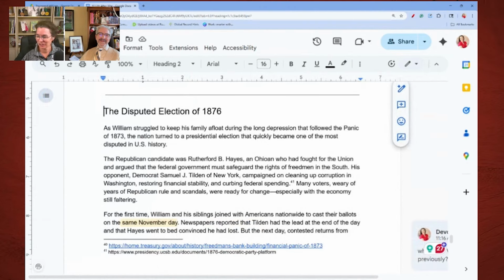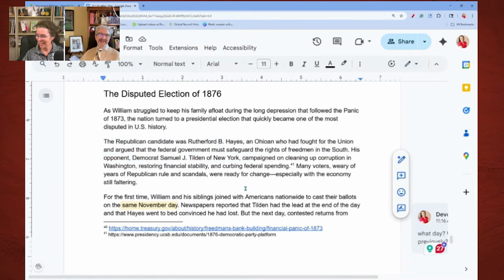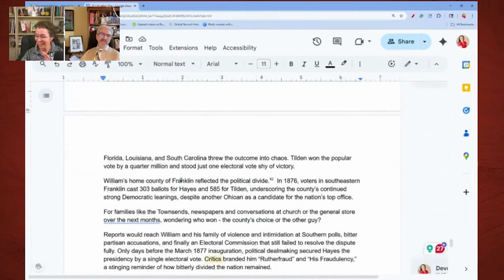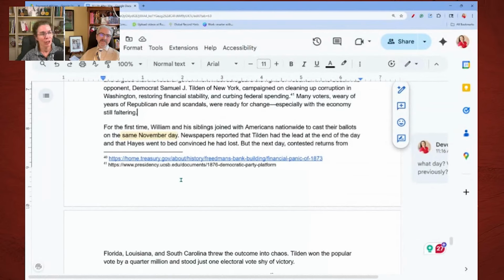1876, this is after the war. The Republican candidate Rutherford Hayes, an Ohioan, yes. I like to put him in the setting, because we've had some disputed elections. I'm not going to tell you what side I'm on, but can we agree? People said this is the most disputed election of all time.